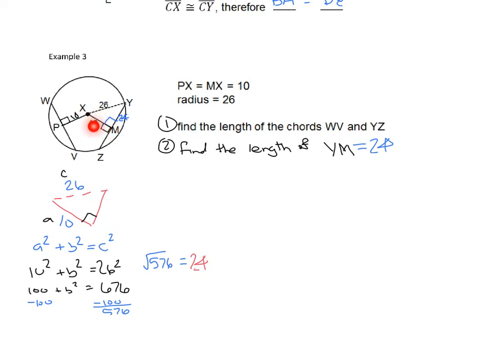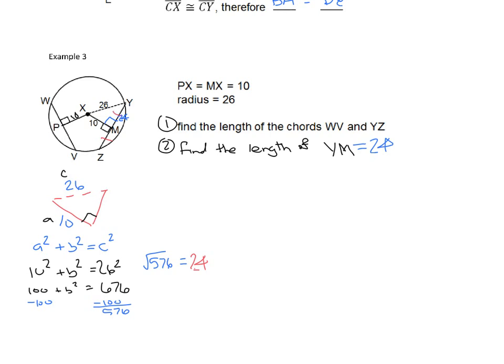It's not here technically, but if we were to make an extension of the line, it would be, which would lead us to our previous example: when you have a chord that is perpendicular to a radius, that chord is being bisected.